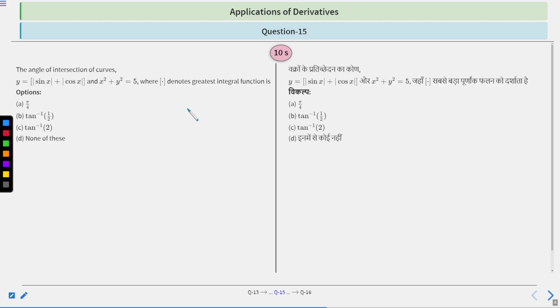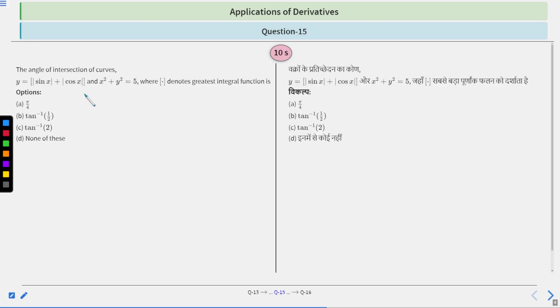So see, the hint of this question is we know that mod sin x plus mod cos x is basically pi by 2, right? So this thing, greatest integer function of mod sin x plus mod cos x, and x square plus y square equal to 5.